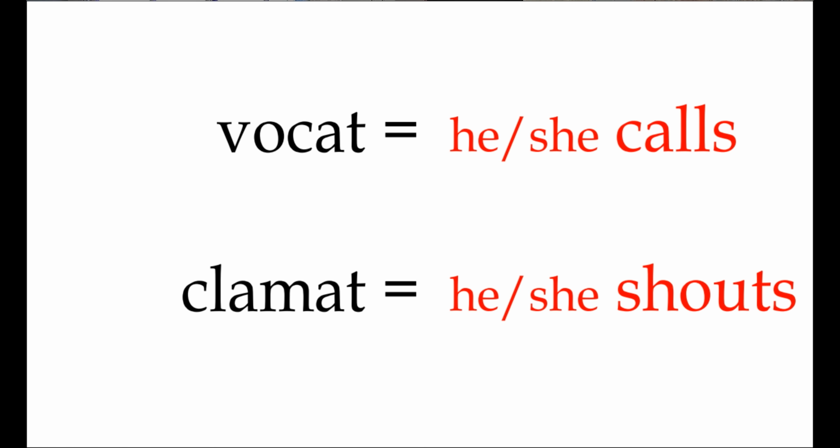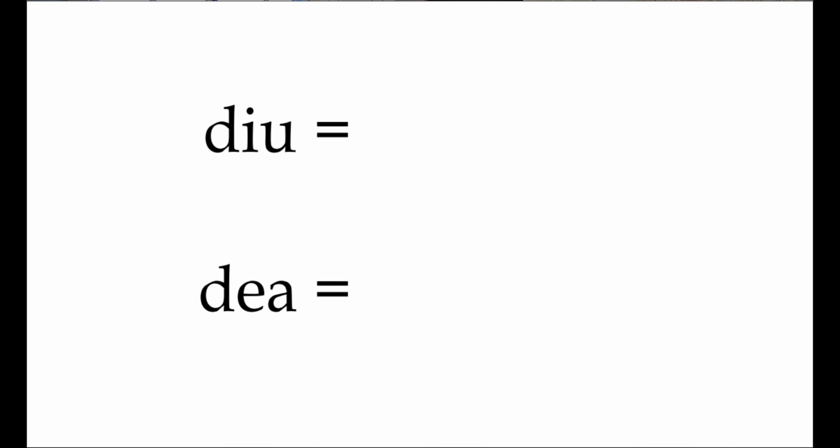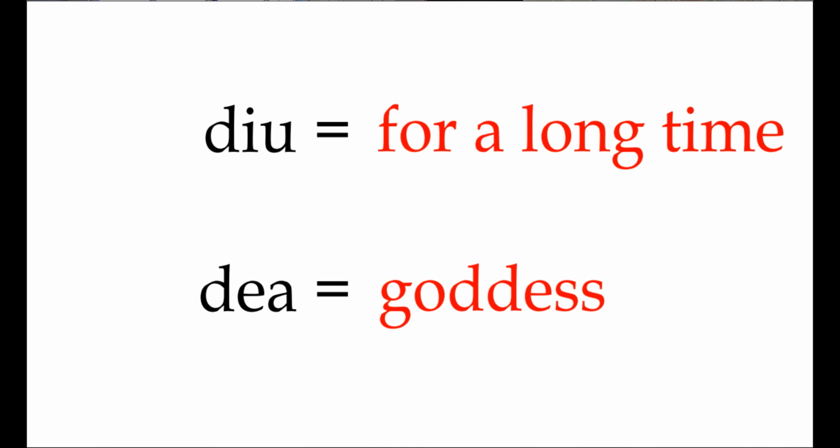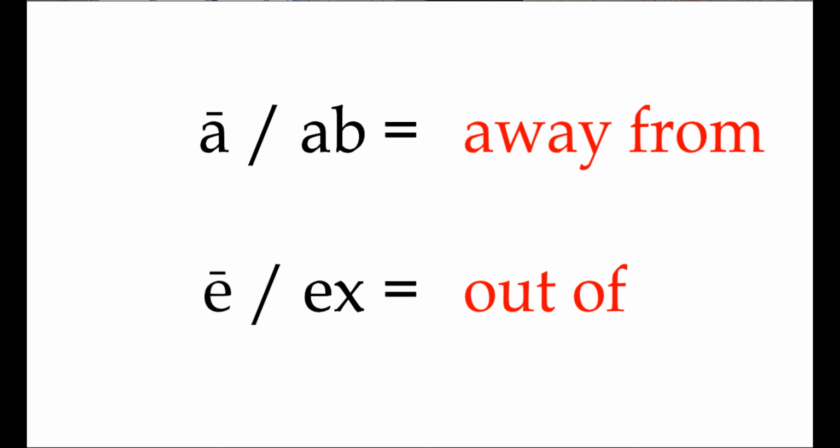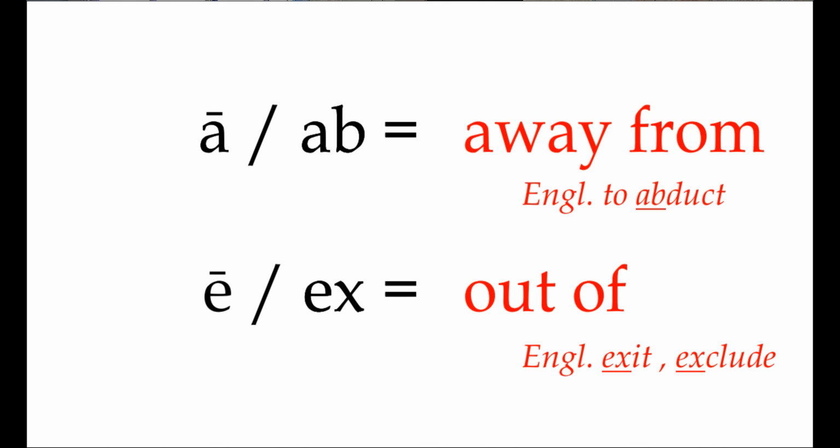Voco and clamo, one means I call, one means I shout. Think of the word exclamation. And when you use your vocal cords, you're calling out to somebody with your vocal cords, calling. Diu and dea, for a long time, and a goddess. Ab, often shortened to a, and ex, often shortened to e. One means away from, and one means out of. Quite similar in meaning.